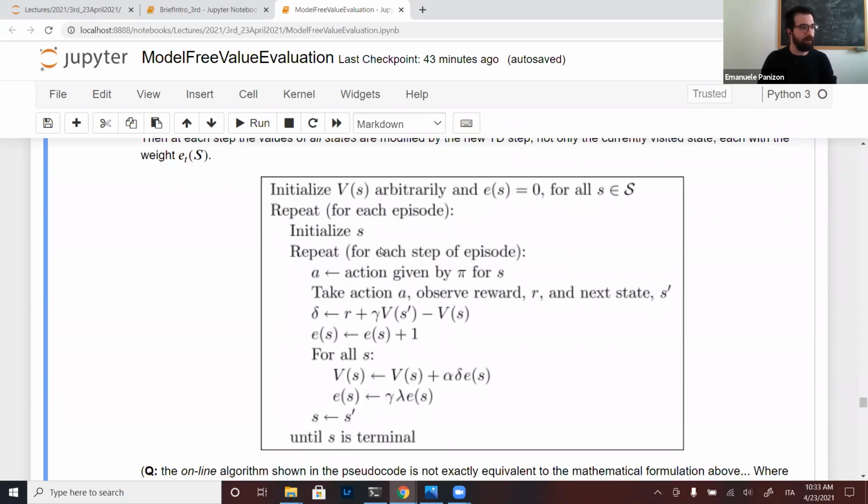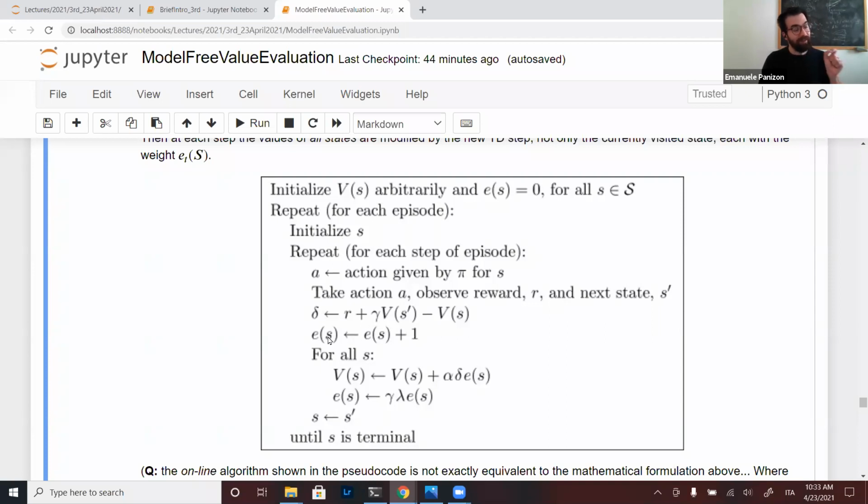This is the pseudocode, which is essentially the same as before. So we initialize values arbitrarily. We initialize the eligibility trace to 0 because we have not visited anything yet. We start with an episode. I take an action. I observe the reward. I observe the new state. I'm doing the usual temporal difference 0 delta, which is r plus gamma v of the new state minus v.